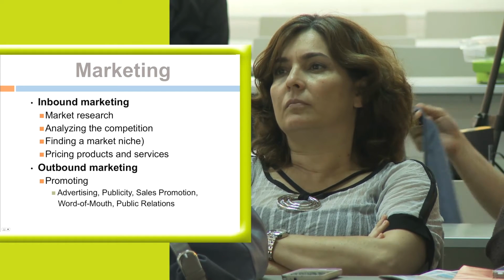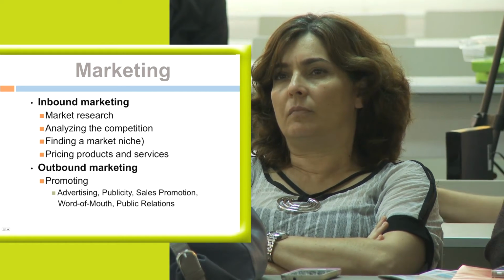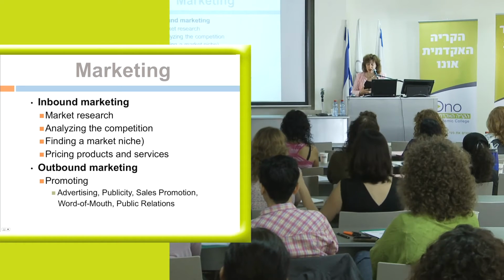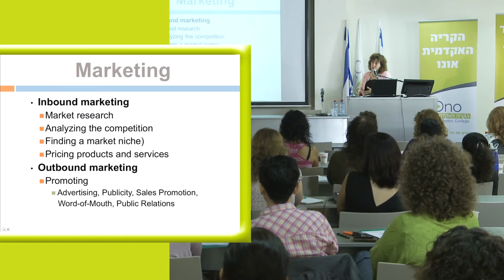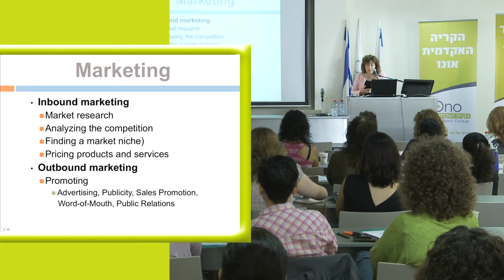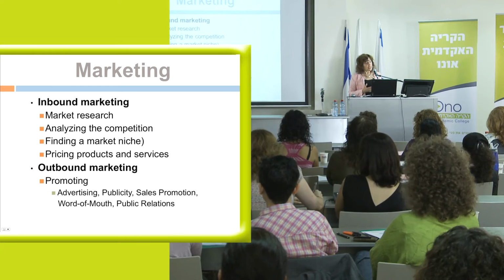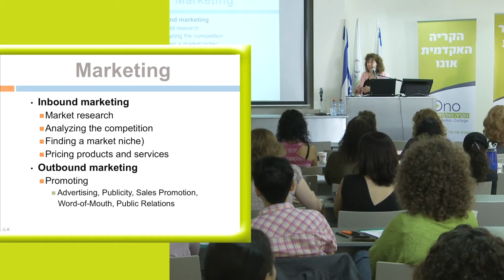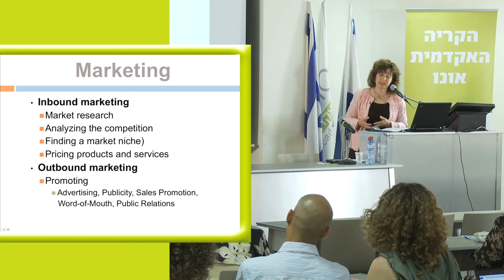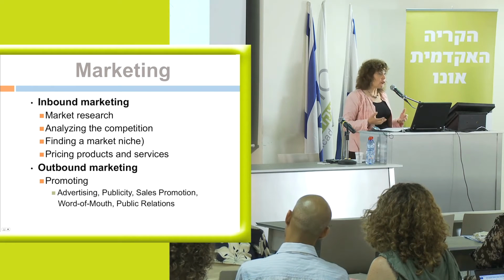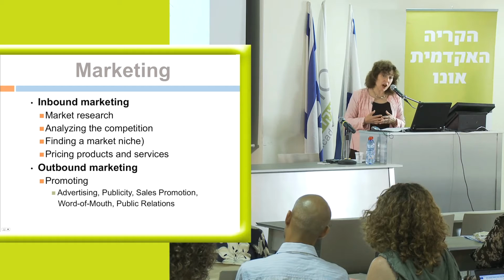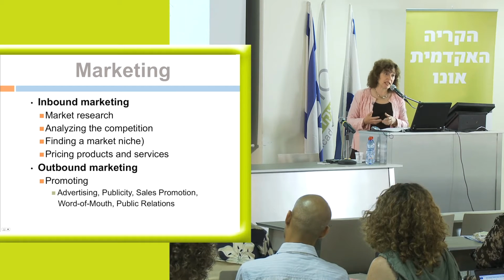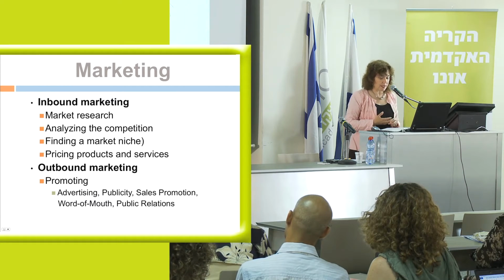So we want to find out what those people want, what their needs are, and can we meet those needs. So inbound marketing is very important because it allows us to analyze the competition and to position our services or new services to find a niche. And it also helps us, in many cases, to be able to price our services.